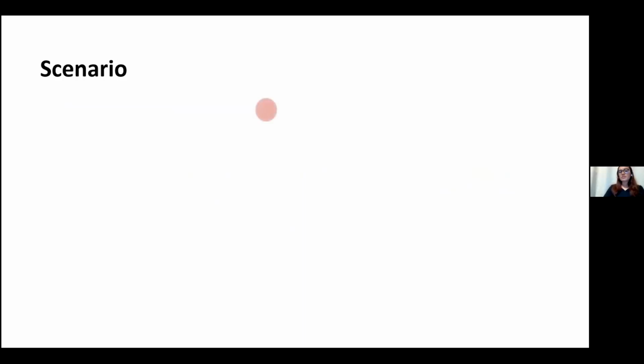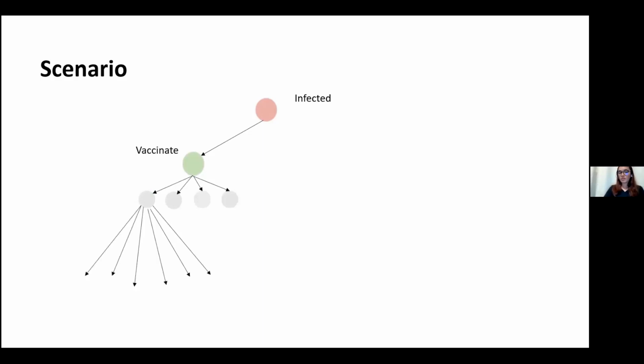Suppose this is a person who is not vaccinated and is already infected. He has a connection with an individual who was vaccinated before he got the disease. Each person might have more connections.